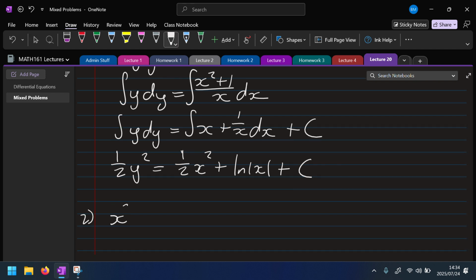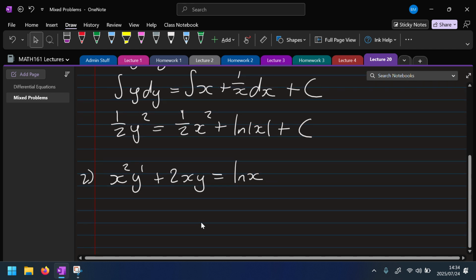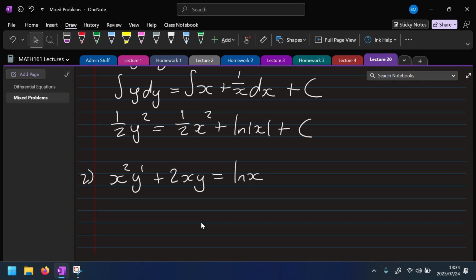So here we've got x squared y prime plus 2xy equals the natural log of x. Okay, so let's go through the list. It's first order, so that makes things a little bit easier. Is this linear or non-linear?